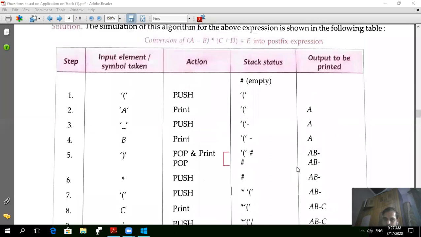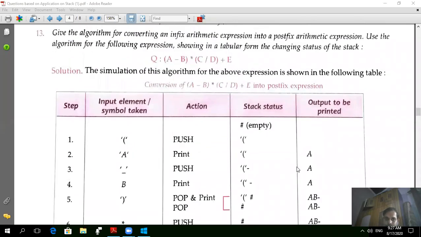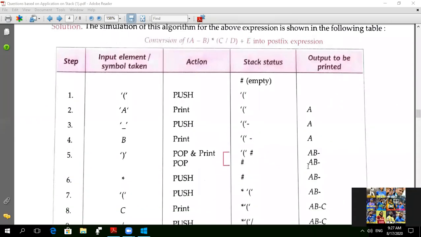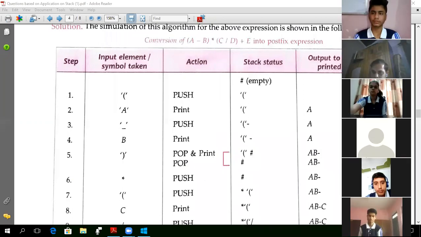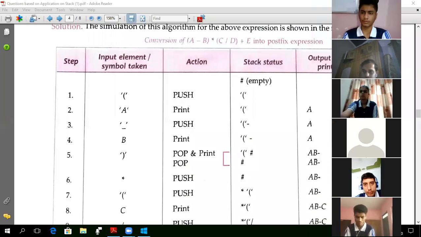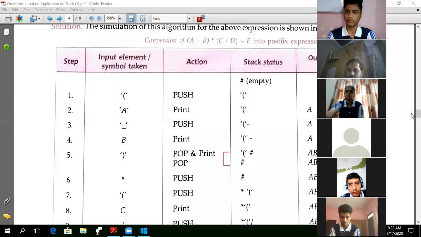Any confusion, students, in this question? No, sir. Tell the students to switch on the camera. Many of them have switched off, and some of them unmuted the speaker. Students, please turn on your cameras, everyone, and mute yourself. Okay, good.